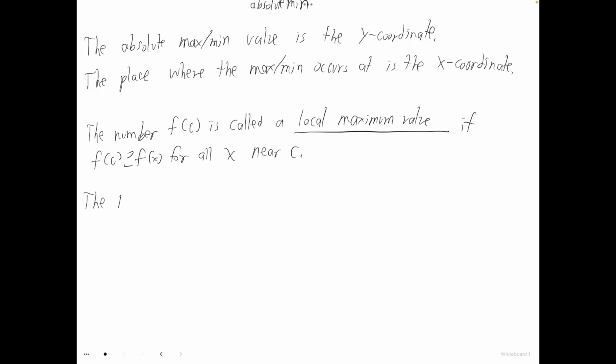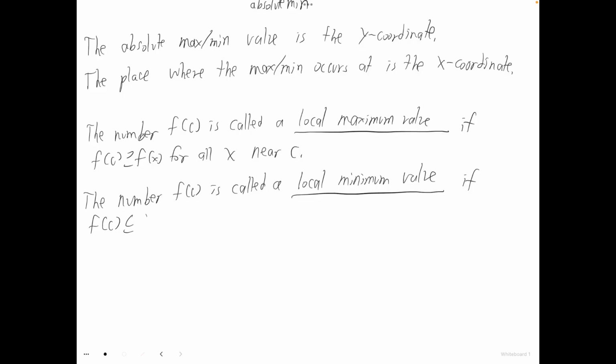And the number f of c is called a local minimum value if f of c is less than or equal to f of x for all x near c.